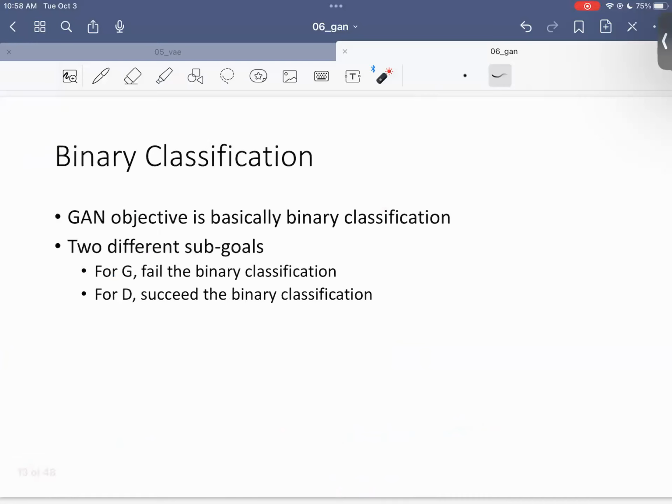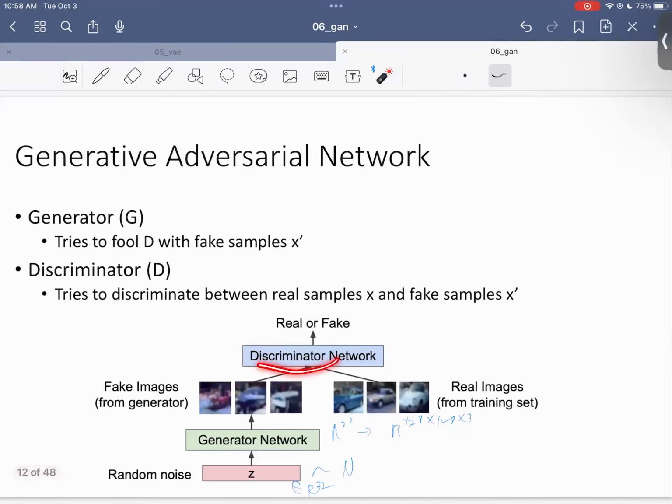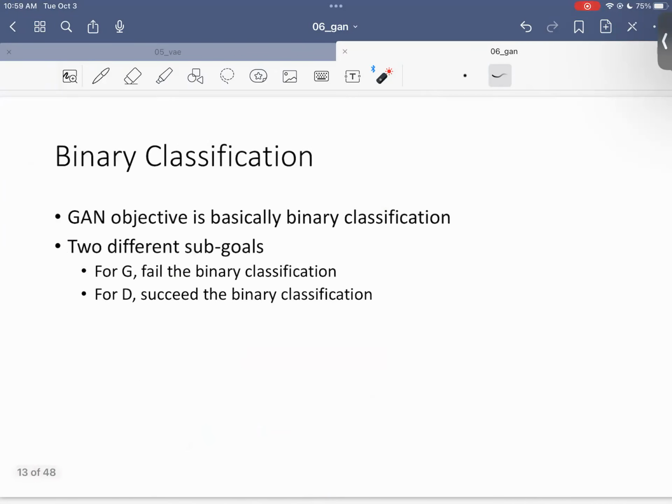Right, so that's the setup. GAN is basically binary classification, because what D does is basically 1 or 0. 1 meaning it's real, 0 meaning fake. But these two players have different goals. D needs to successfully distinguish between X and X prime.